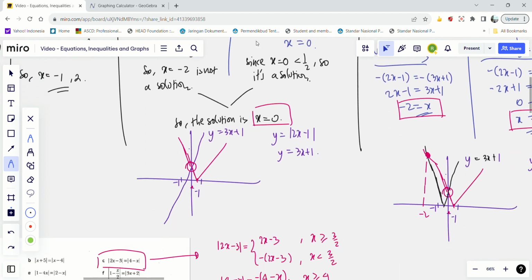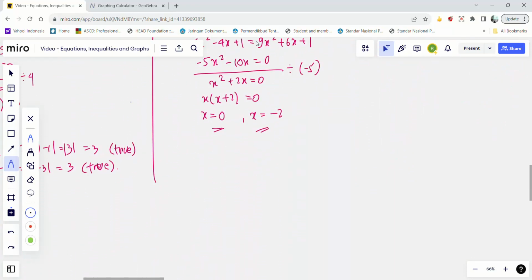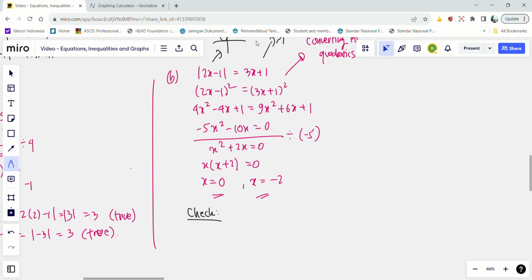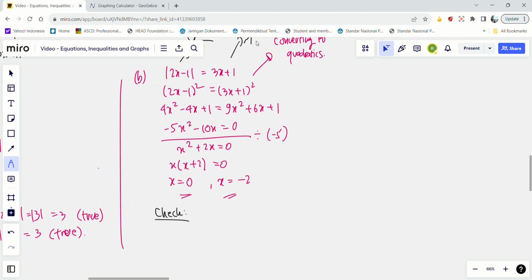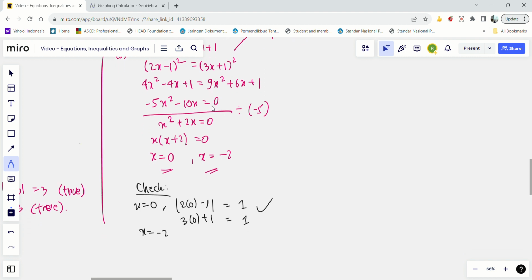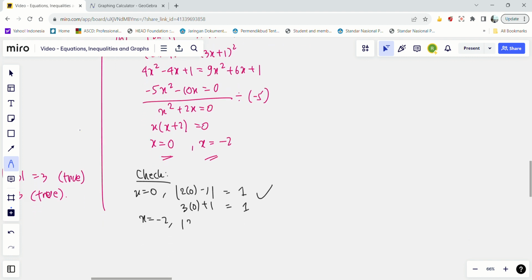So let's do a check over here. The way we check here is not by using the definition; you can just plug in the value. When x equals 0, modulus of 2 times 0 minus 1 is 1, and the other one, 3 times 0 plus 1, is also 1. So it's good. When x equals -2, however, is the problem. 2 times -2 minus 1 gives us modulus of -5, which is 5.